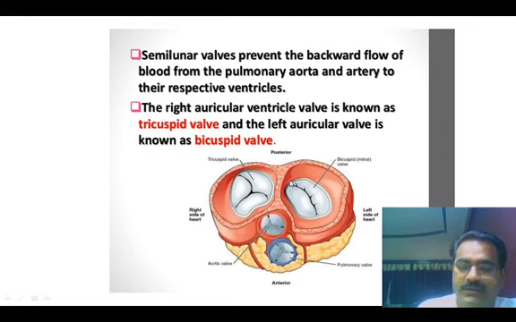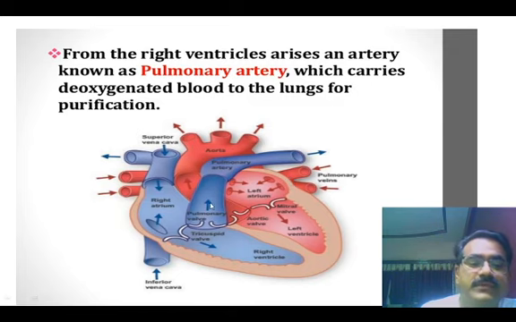Now in this diagram, between the right auricle and right ventricle there are valves known as the tricuspid valves. Then at the junction of the left atrium and the left ventricle there is the bicuspid valve.